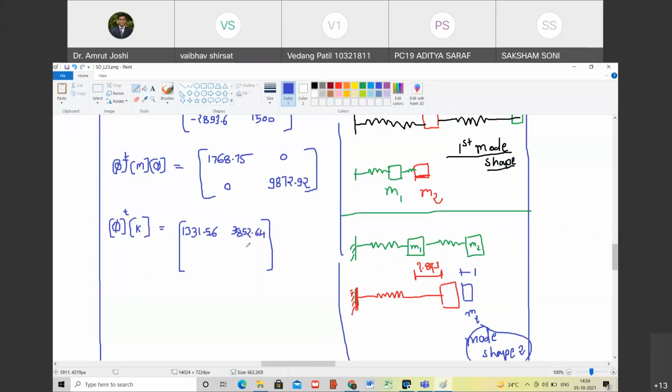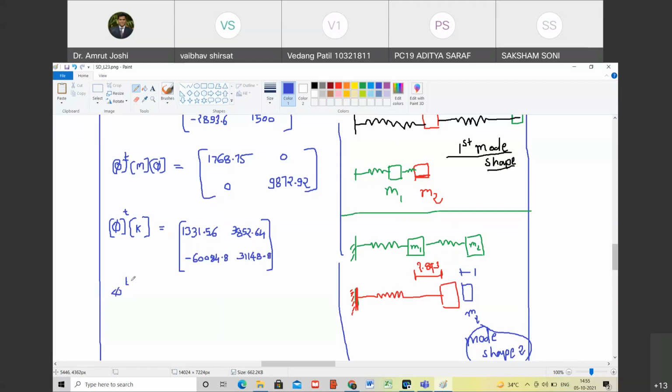Then minus 60084.8 and 31148.8. These are the values of phi transpose K.